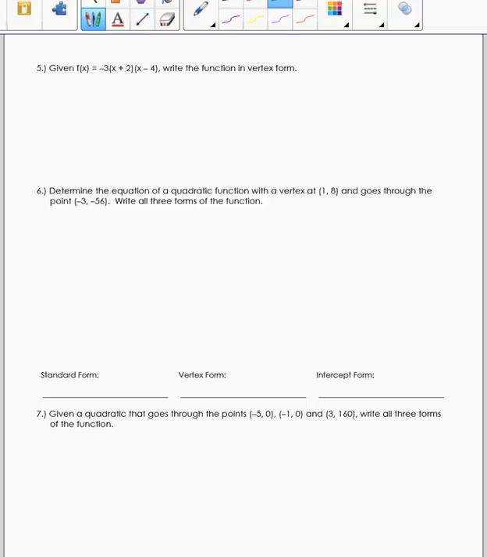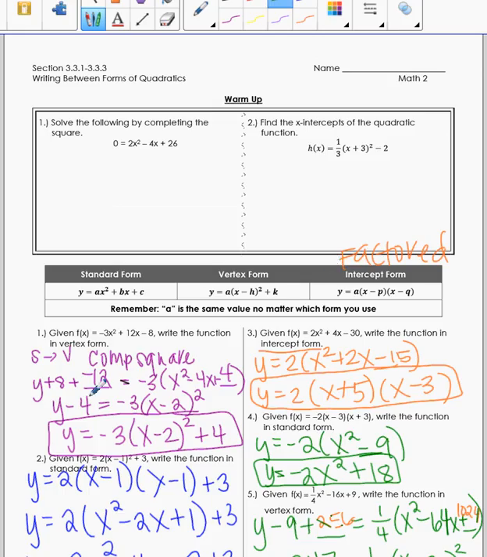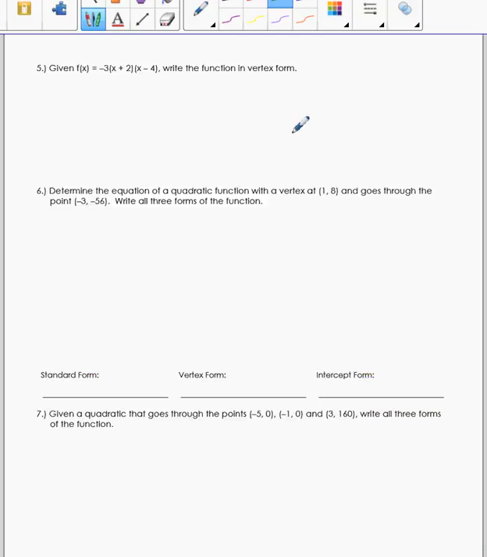On your quiz and on your test, we are going to ask you specifically to do it like this. When we are asking you from standard to vertex form, we're going to want to see that you have the skill set to complete the square. But here, I'm actually going to do a different way. I touched base with it with my classes yesterday. So we didn't do it, but if you haven't seen it, that's okay.